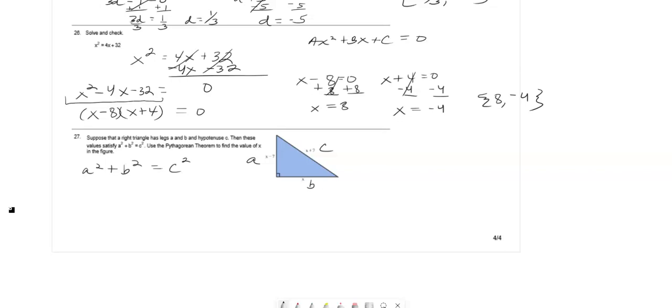When I simply take our A, B, and C and substitute that into this formula, that gives us our A, which is x minus 7. Going to square that, plus B is x. So we're going to square that and set that equal to C, which is x plus 7, and we're going to square that.